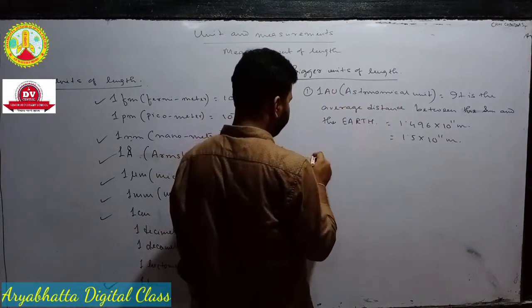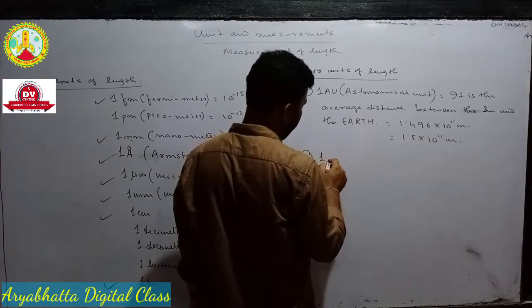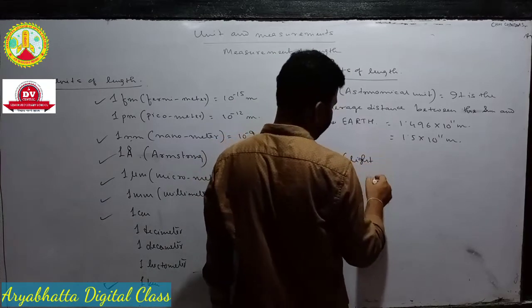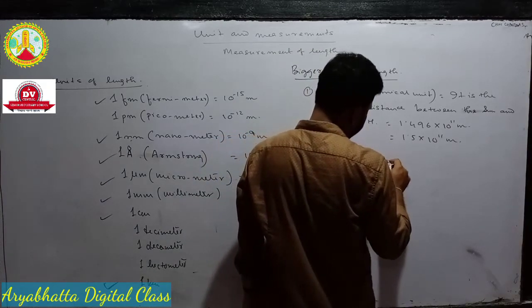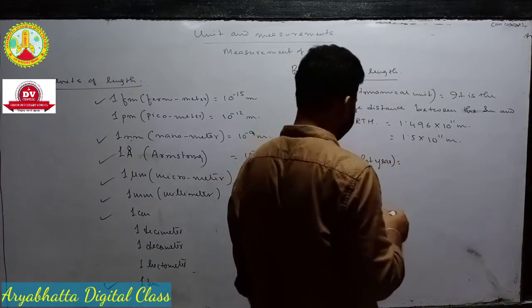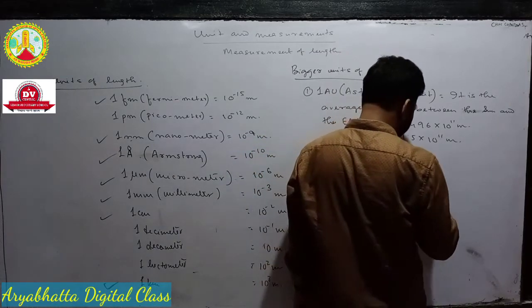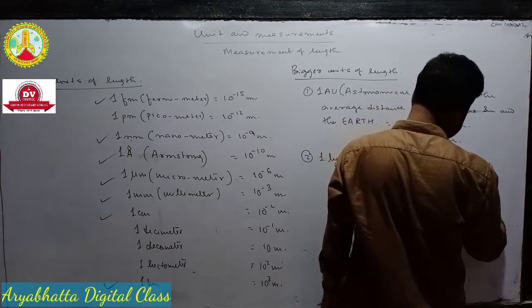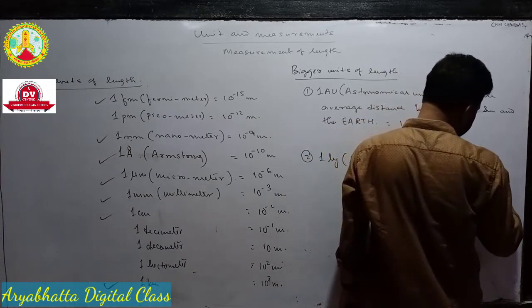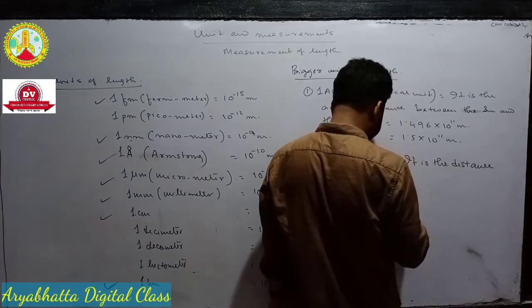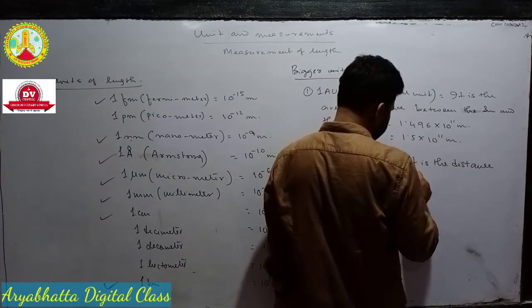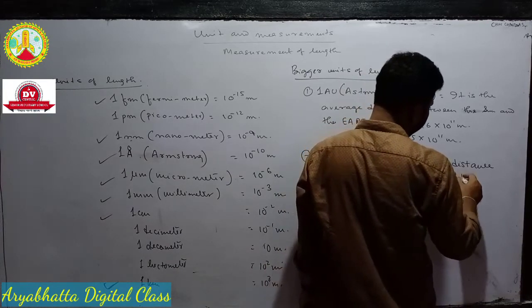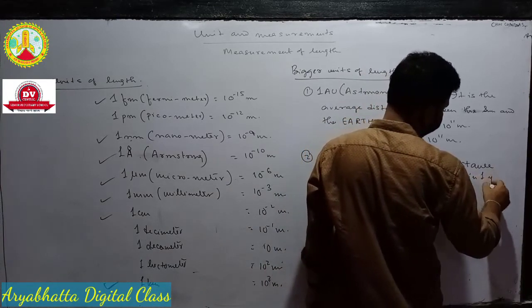Number 2, 1 LY. LY means light year. So what is the light year? It is the distance traveled by light in 1 year.